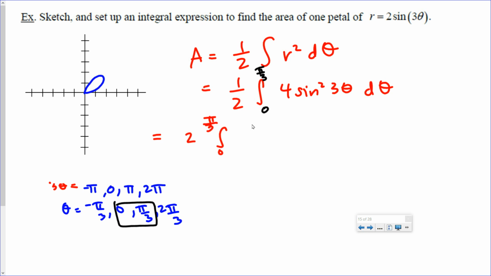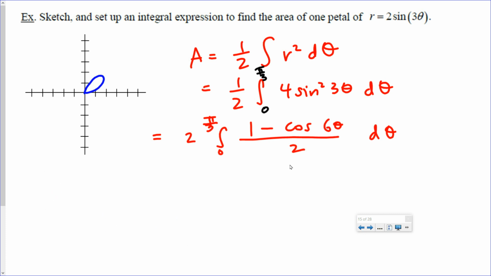I'm going to have to use that formula that I know. So that's 1 minus cosine, is it 6 theta? That's a 3 theta, right? So this should be 6 theta, all divided by 6? No, by 2. Okay, that's the formula. All right, so 1 minus cosine 6 theta. And then you guys tell me what you would do next.